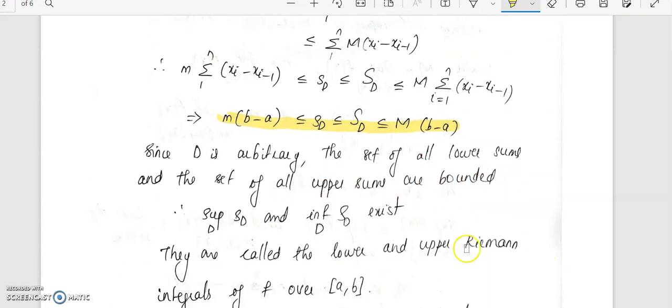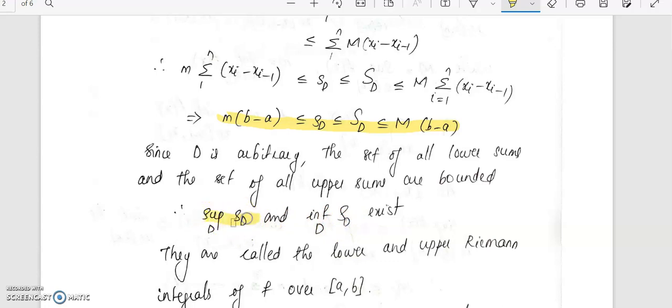Okay, so let us take supremum of small s D. So supremum of small s D will be less than or equal to infimum over capital S D. So both of them will exist because for any arbitrary partition D, small s D and capital S D are bounded. That lies between small m into b minus a and capital M into b minus a. So each of small s D and capital S D will have a supremum and infimum respectively.